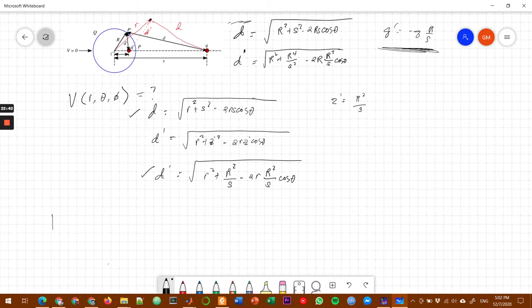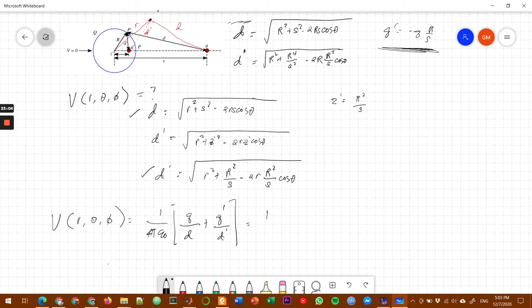So the potential now anywhere or everywhere is given by this: 1 over 4 pi epsilon naught times q over d plus q prime over d prime.